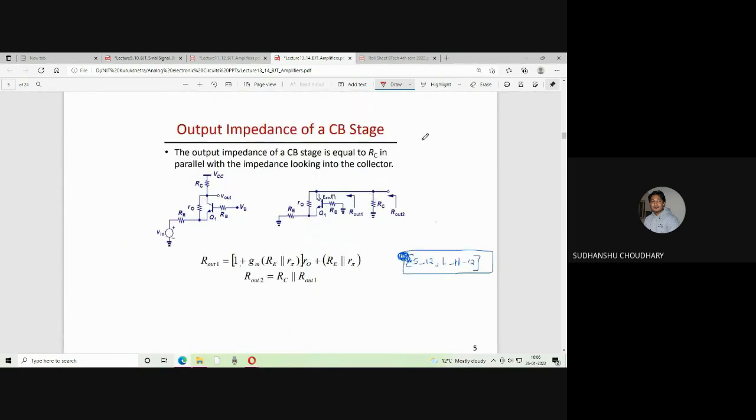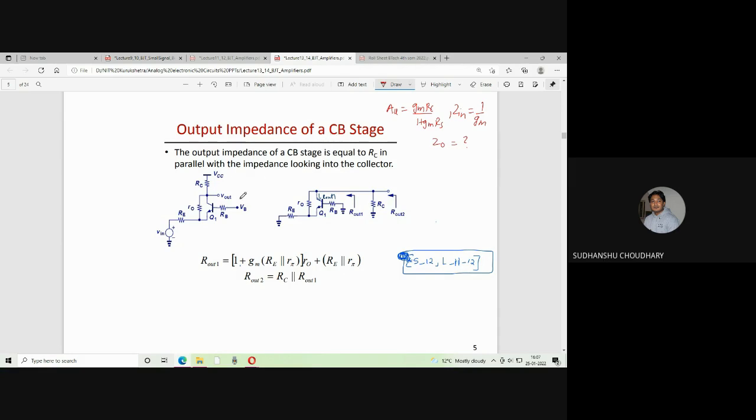Now we had seen the gain was GmRC by 1 plus GmRS, and input impedance we have calculated as 1 by Gm. Now let us talk about the output impedance of the common base stage.